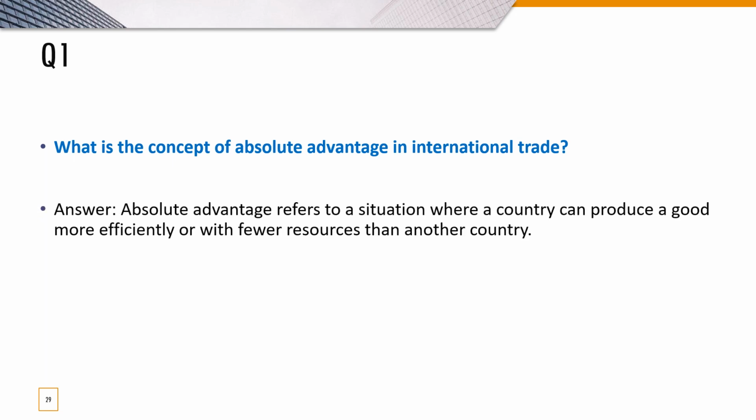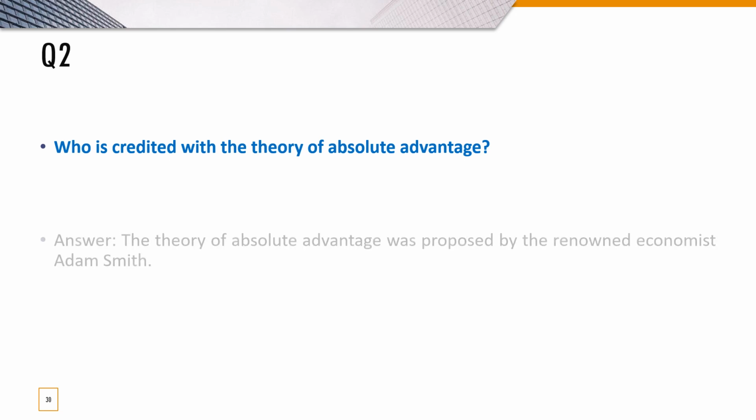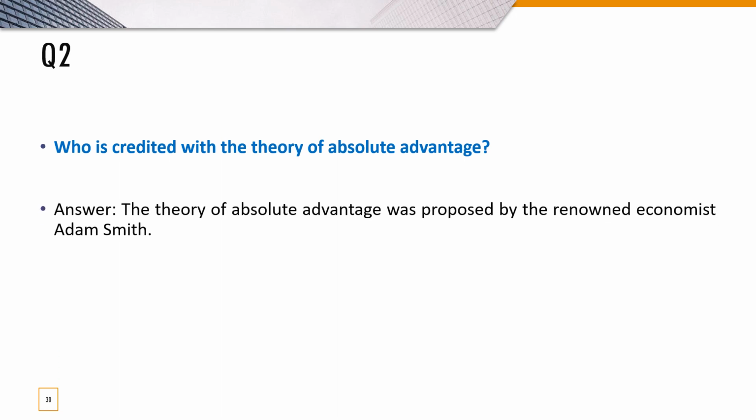Absolute advantage refers to a situation where a country can produce a good more efficiently or with fewer resources than another country. Question 2. Who is credited with the theory of absolute advantage? The theory of absolute advantage was proposed by the renowned economist Adam Smith.